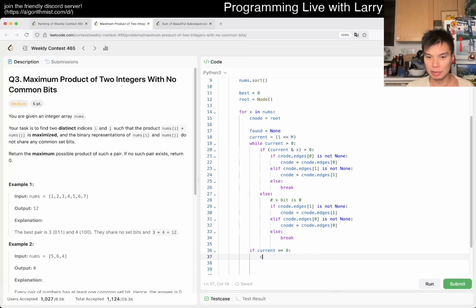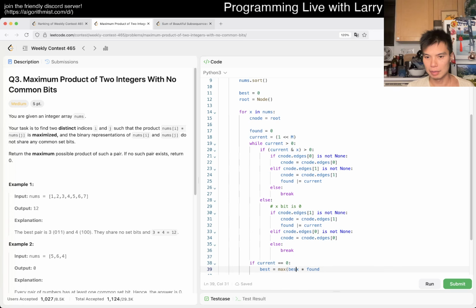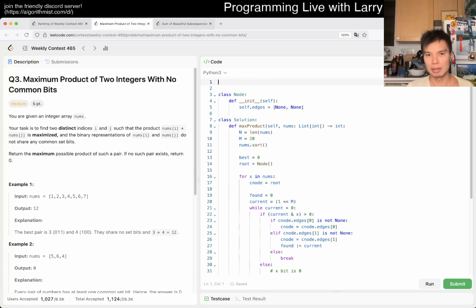Then now cnode is the thing. Okay, this doesn't do anything. We wanted 1, so then current and found is the thing, and then now it's just x times found. Best is equal to max as this, and we are good, and that's it, right?